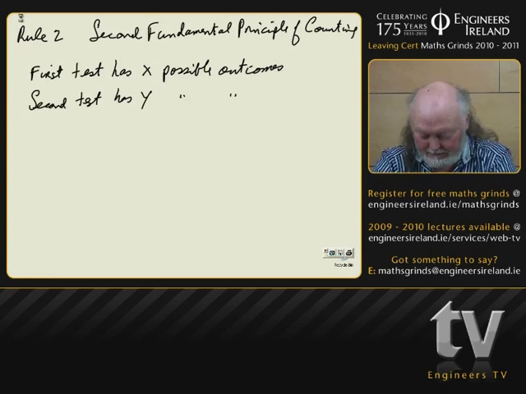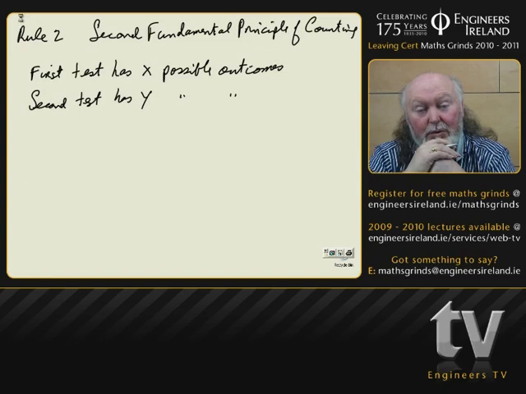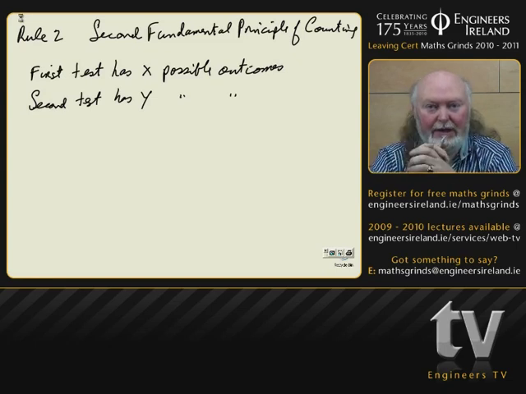So what makes this different? Well, if it isn't possible for both of these to occur, if it's possible for one to occur or the other to occur, the operative word here is or. Okay?